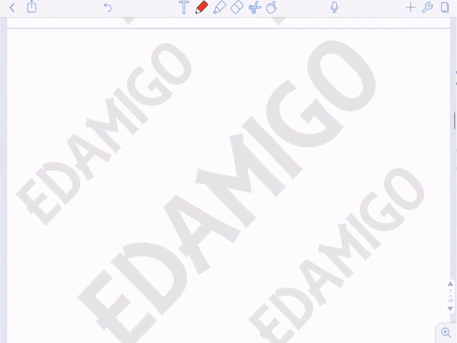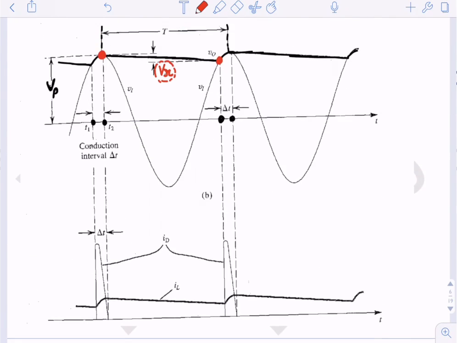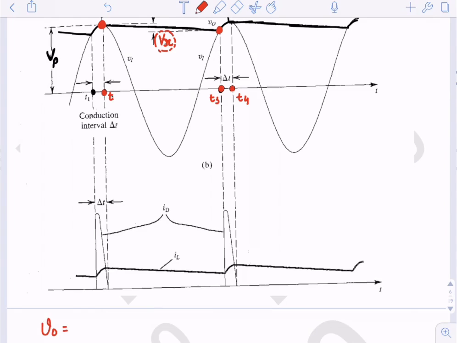Let's analyze. So let us say this is time instant t3, this is time instant t4, this is time instant t2, this is time instant t1. From time instant t2 to t3 we can say that the capacitance is discharging through the resistance.